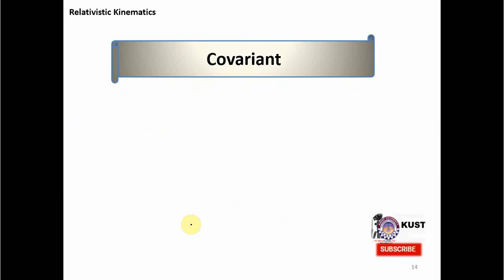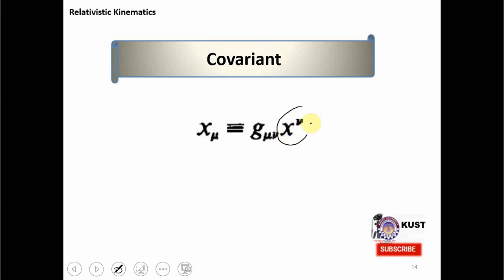And what is the covariant? What we can do now with the help of this metric G mu nu is that we can have two types of vectors. First note that we can have two types of vectors. This vector on the right side has an upper index, and this vector on the left side has a lower index. They are two different vectors. They are not the same.